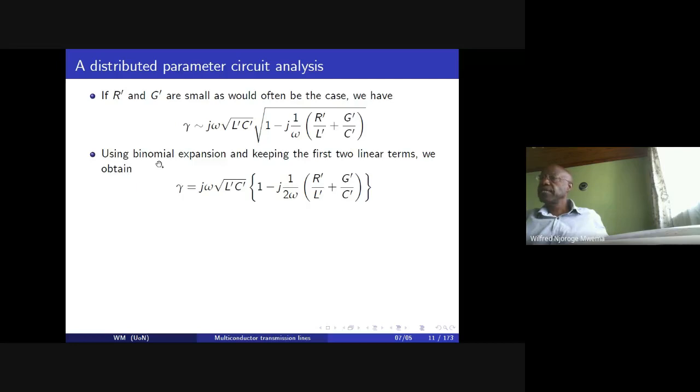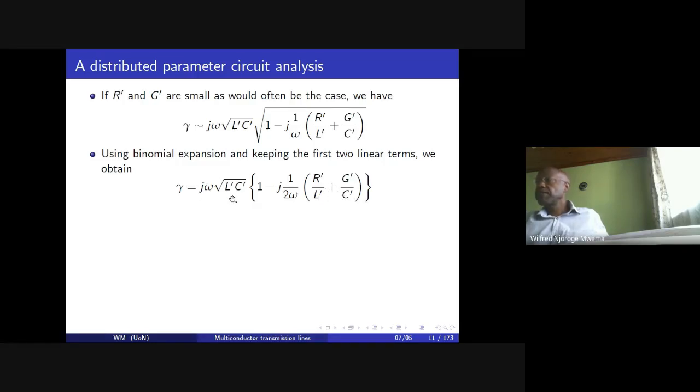And using the binomial expansion of these values, that is, we are assuming that this value here is much smaller than unity, then we can use the binomial expansion and keep only the first two linear terms, and we obtain that gamma is going to be given by jω root L'C' into 1 − j(1/2ω)(R'/L' + G'/C').